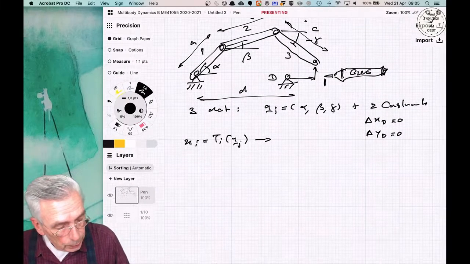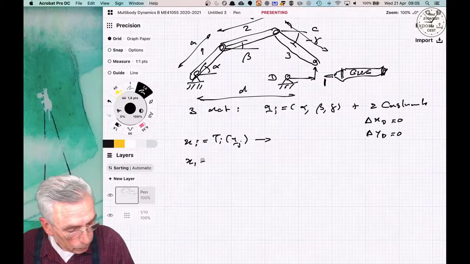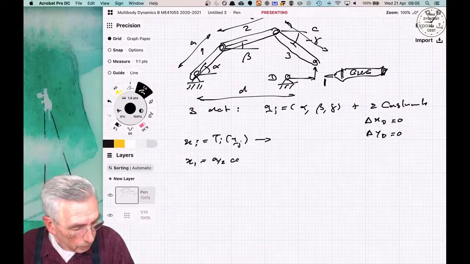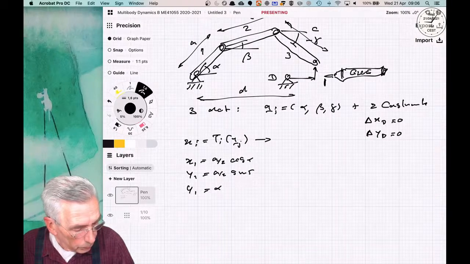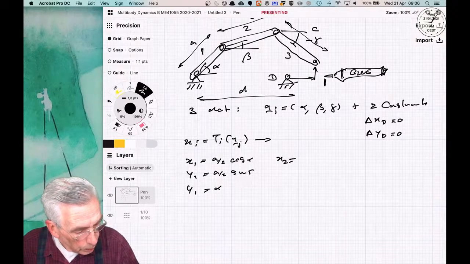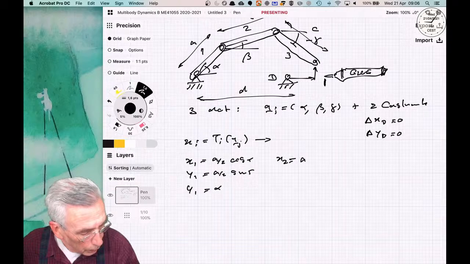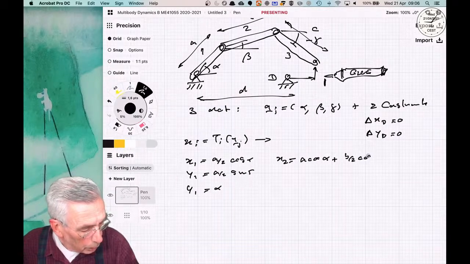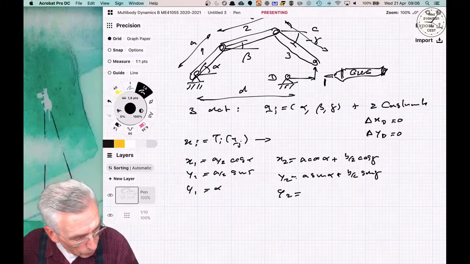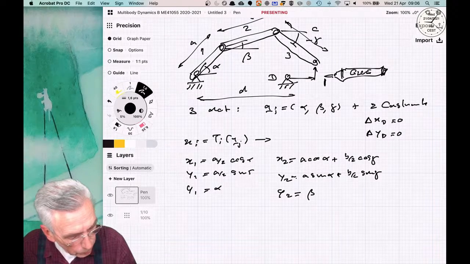If we proceed again like in what we had here, x1 was a over 2 cosine alpha, y1 was a over 2 sine alpha, and phi 1 was alpha. And then x2 is, of course, we start from that point, a cosine alpha plus b over 2 cosine beta, y2 is a sine alpha plus b over 2 sine beta, and phi 2 is beta, the absolute angle.